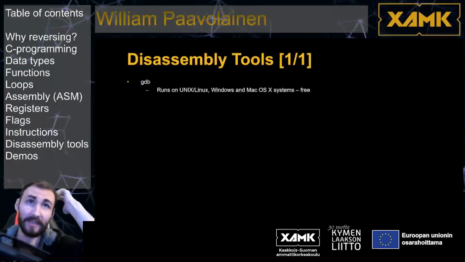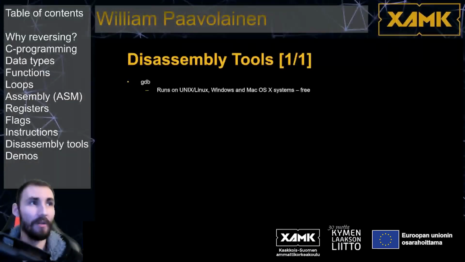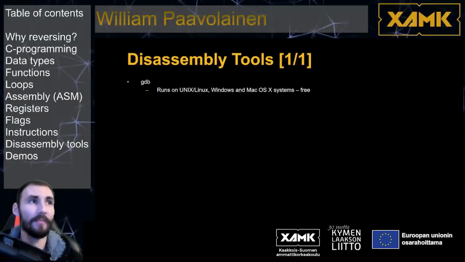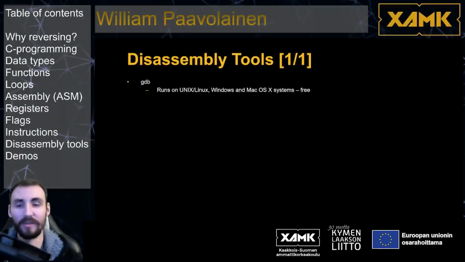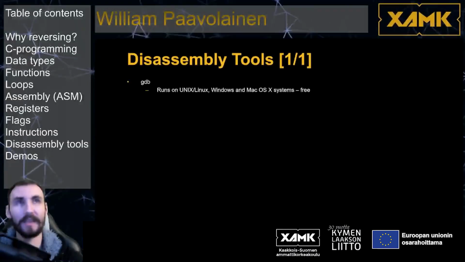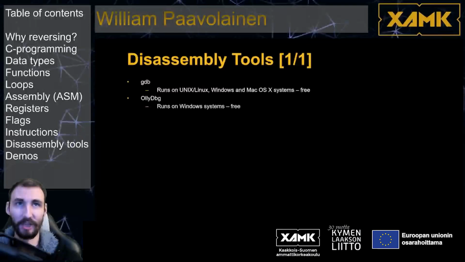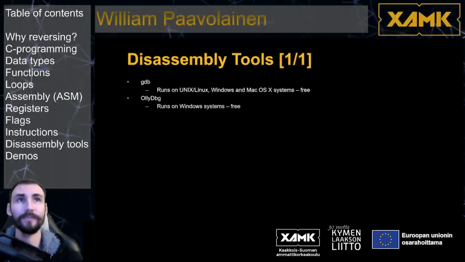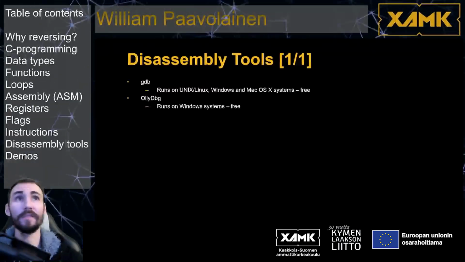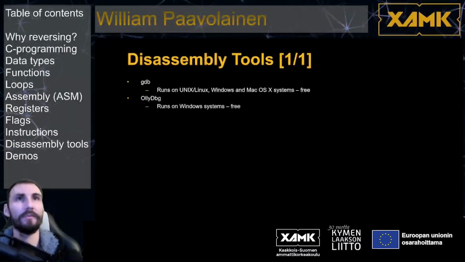And it basically comes with, I can't really say all, perhaps, but at least all of the most popular Linux distributions, it's built in basically. And then we have OllyDbg, Olly Debugger. Runs on Windows systems, doesn't cost anything. Really good, I've used it before. Fairly simple to work with.